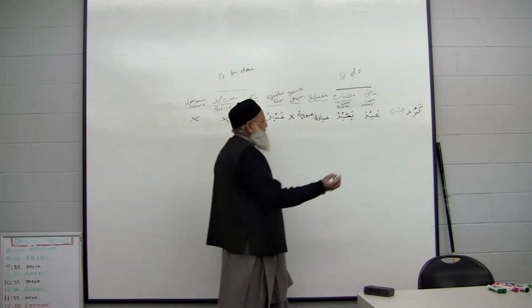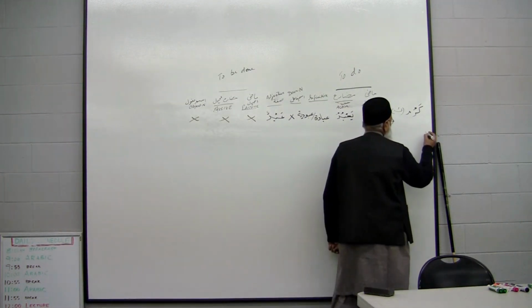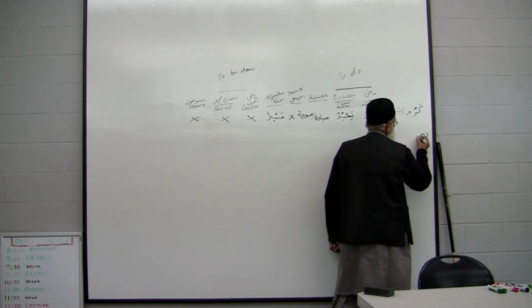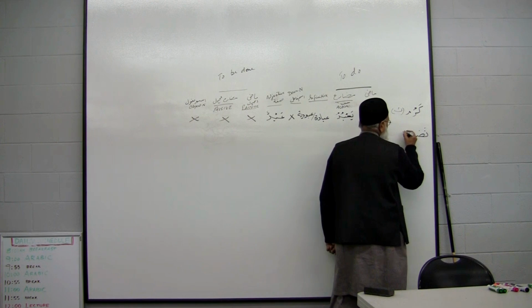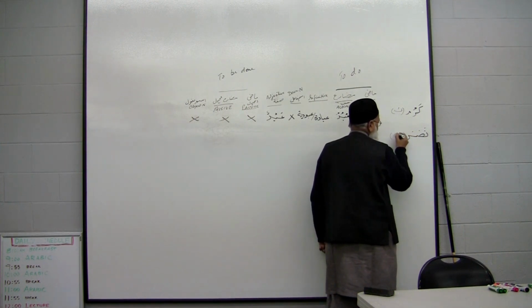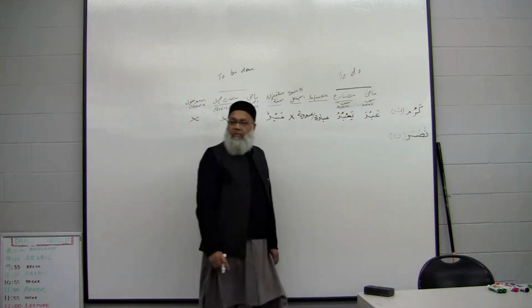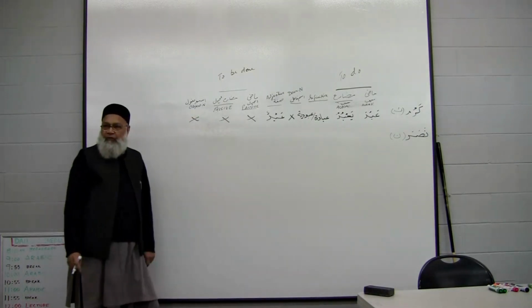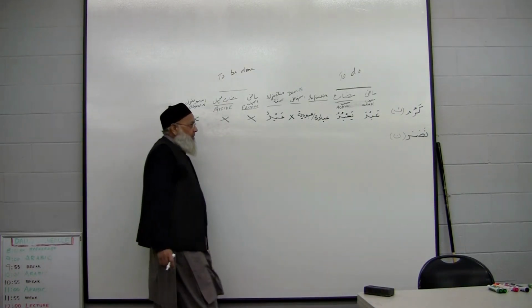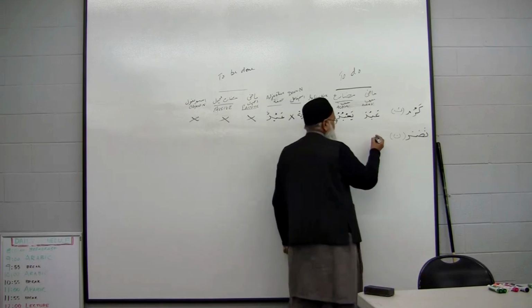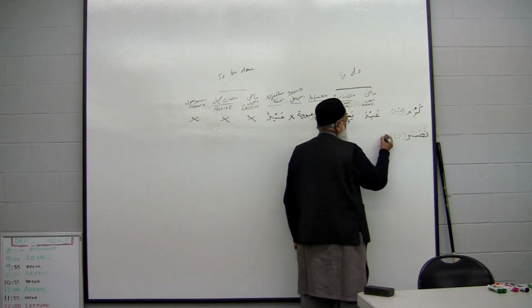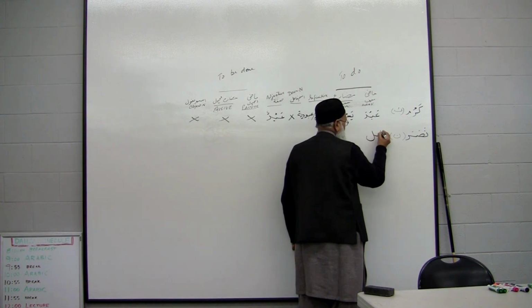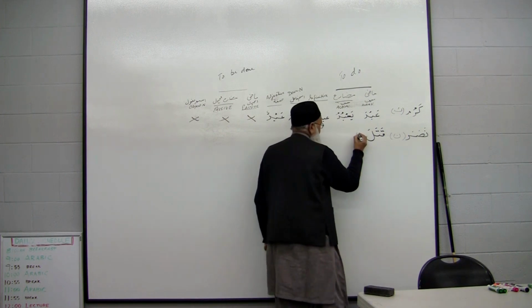Then the next bab we have got is nasara. Bab nasara, abbreviated as noon. Noon for nasara. The example we take is of qatala. Qatala yaqtulu.